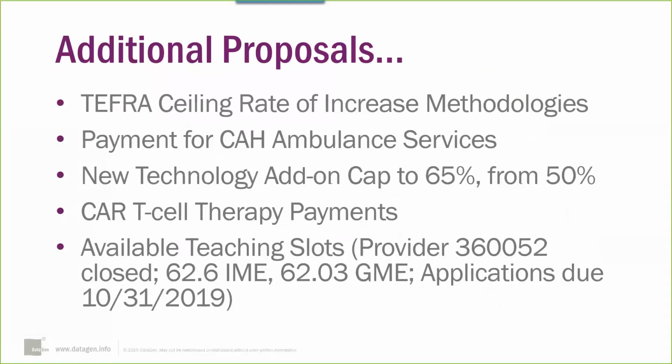Note that any ambulance service that is outside of 35 miles, and critical access hospitals servicing an area outside of 35 miles, would still be subject to the ambulance fee schedule.